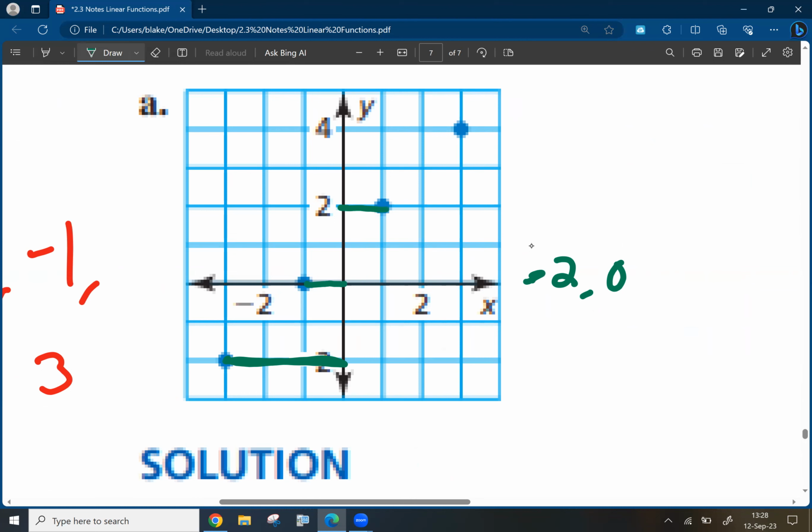This connects at +2. And this one connects to the y-axis at 4. So this would be the range, specifically those 4 values. Again, there's nothing connecting them, so there's no values in between these numbers. Just those 4 specific values.